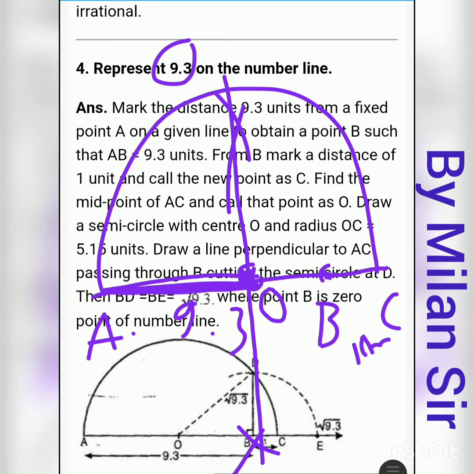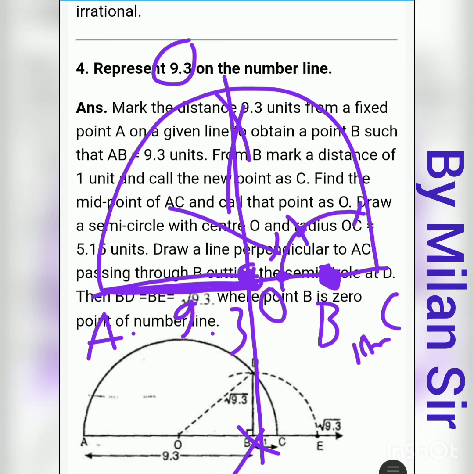Now from point B, we need to draw a perpendicular line. We need to make a 90-degree angle here. First, draw one arc of arbitrary radius. Now with the same radius, put the rounder here and draw one arc. It is 60 degrees. From the 60-degree point, draw one arc.